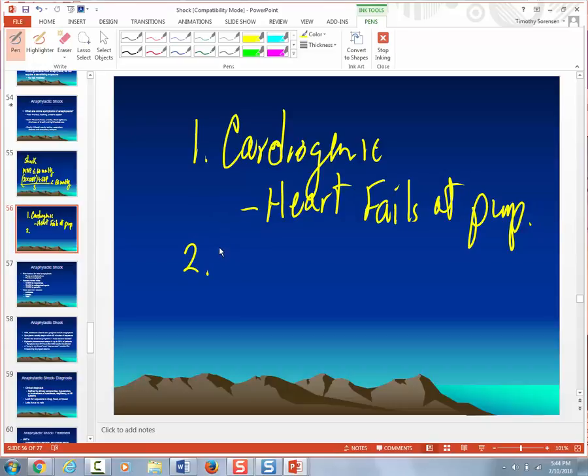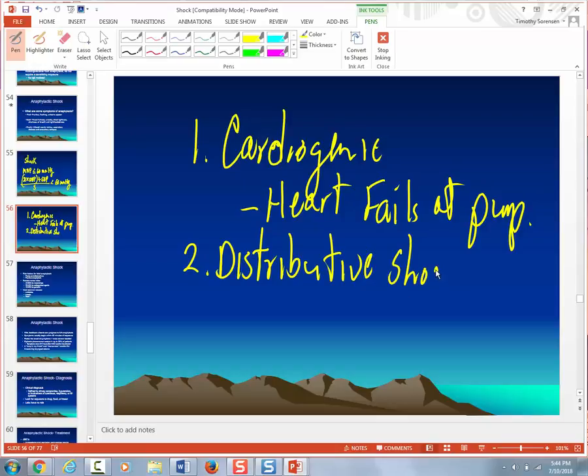Number 2 is distributive shock. And this is also called a high output shock.